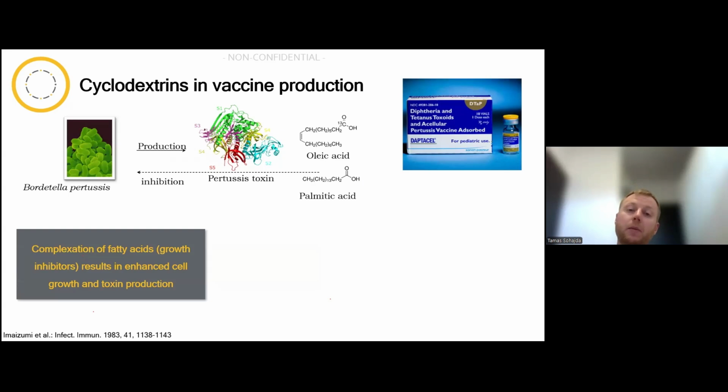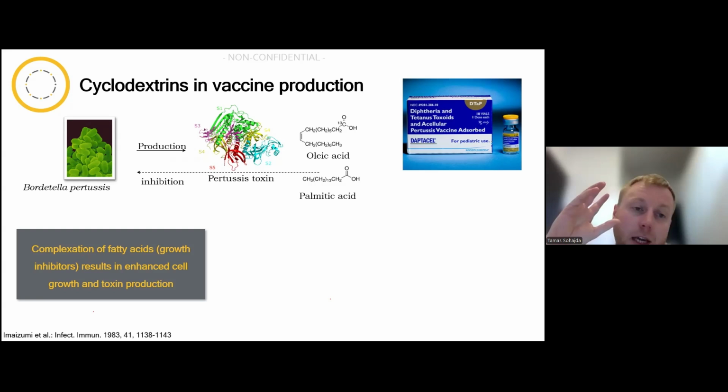The application that's most fascinating is associated with vaccine production, and this is how it's made today. These are the pertussis vaccines, both by Sanofi Pasteur and GSK.